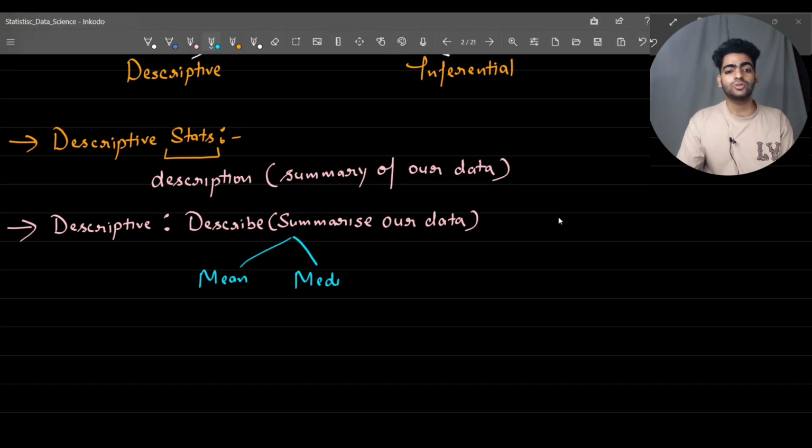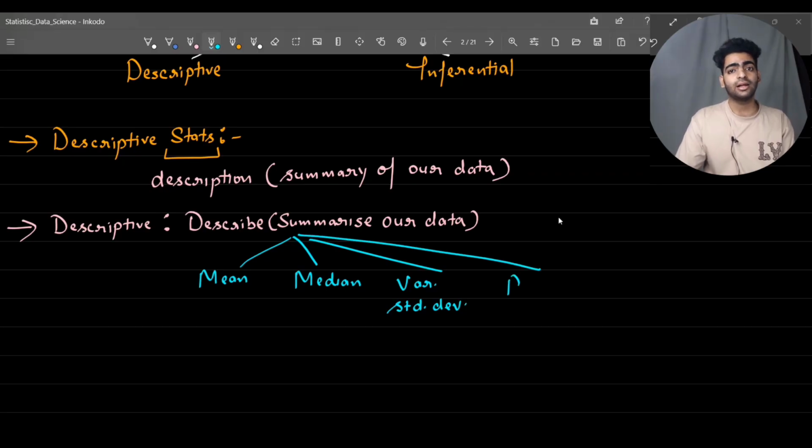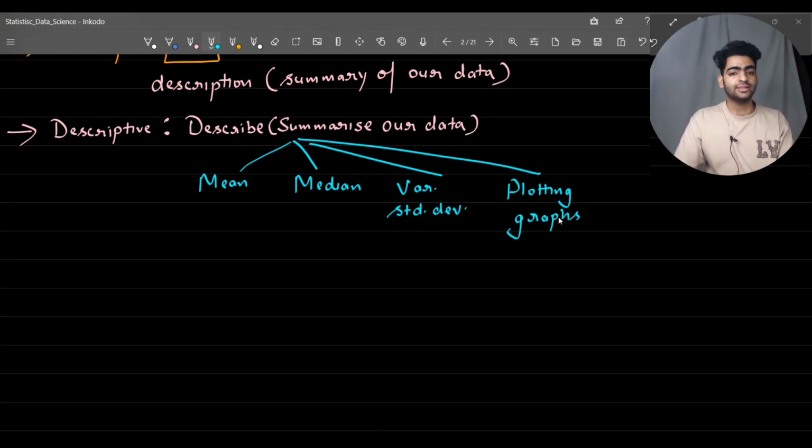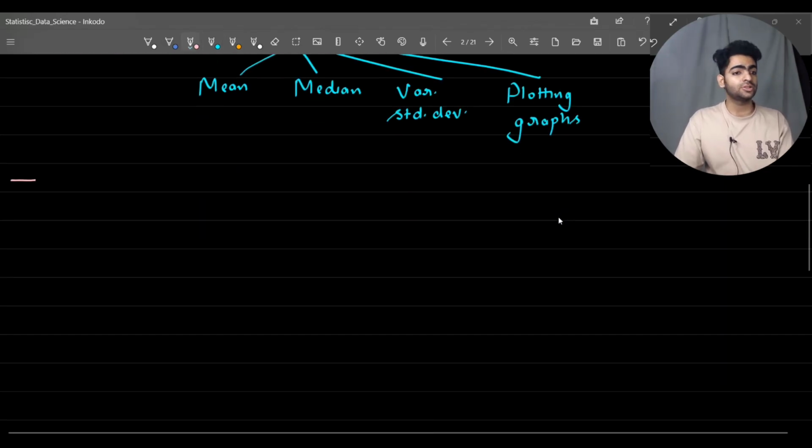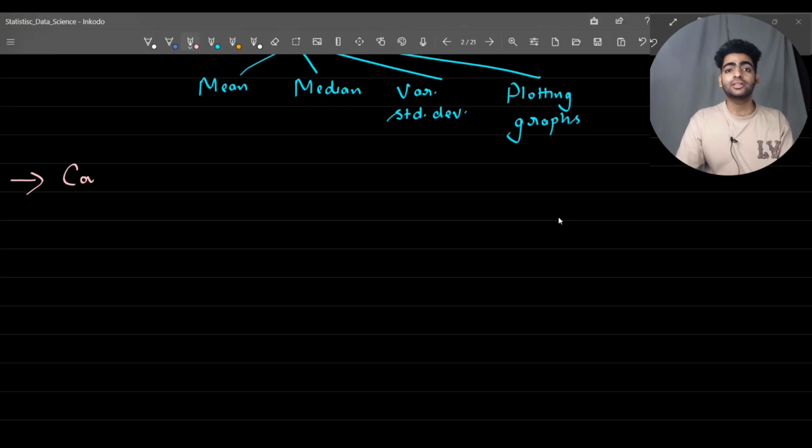You can think of using something known as variance, standard deviation, some concepts like percentiles. You can also think of using some plots, like box plot and various plots that we will learn in our upcoming sessions. So let's consider some basic example just to understand what descriptive statistics actually is, right?